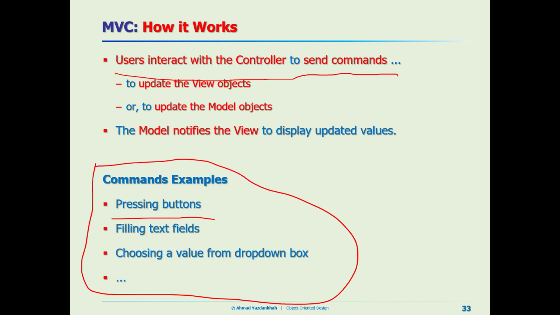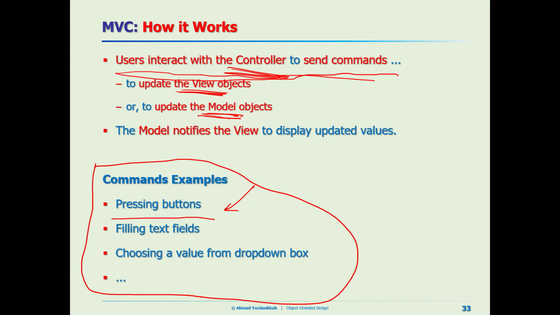So all of these are commands that the users do, right? And all of these events go to the controller. Everything goes to the controller. So users interact with the controller means exactly this. And based on the logic of the application, these commands either go to the view objects and update them, or they update the model objects. It depends on what kind of command it was and what is the logic behind the application.